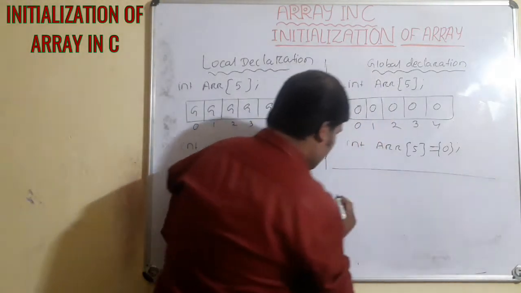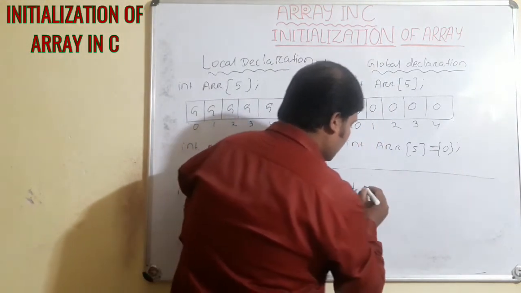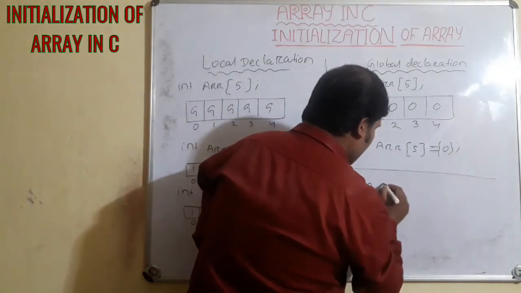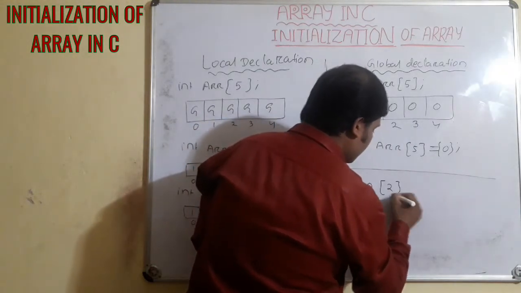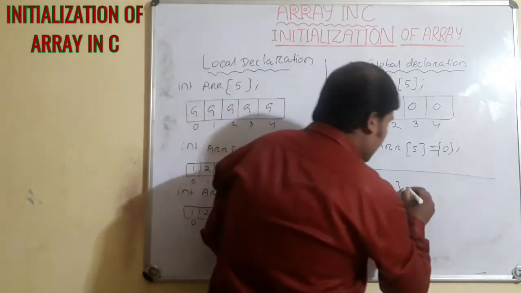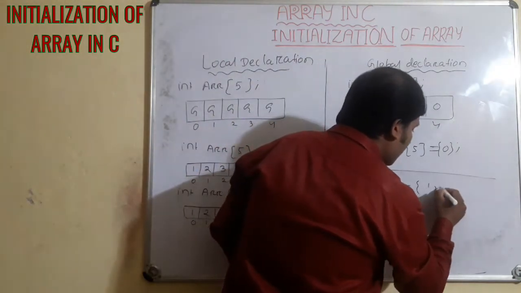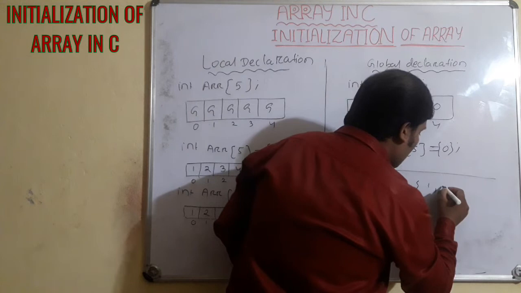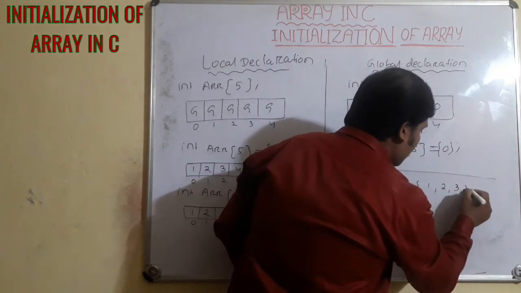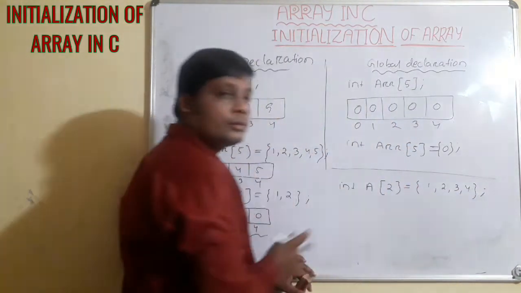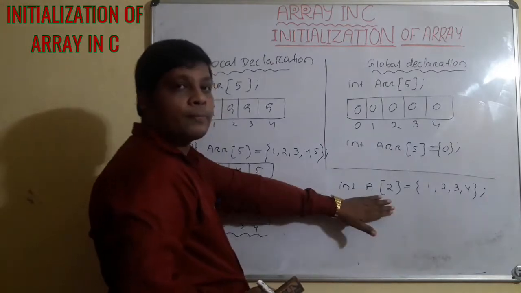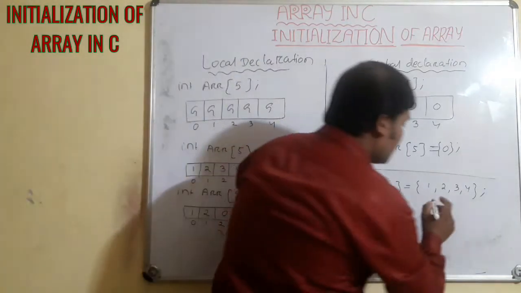But just see, if I am declaring integer a of 2, but initializing with more than 2 elements, 1, 2, 3, 4, what will happen here? This is an error.